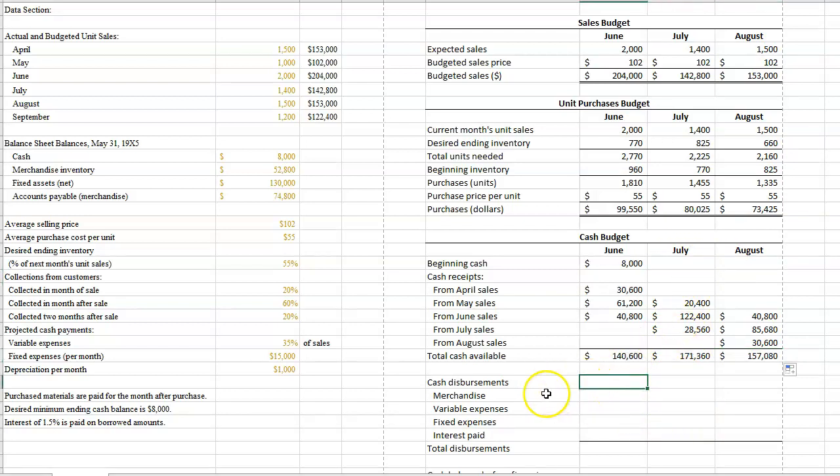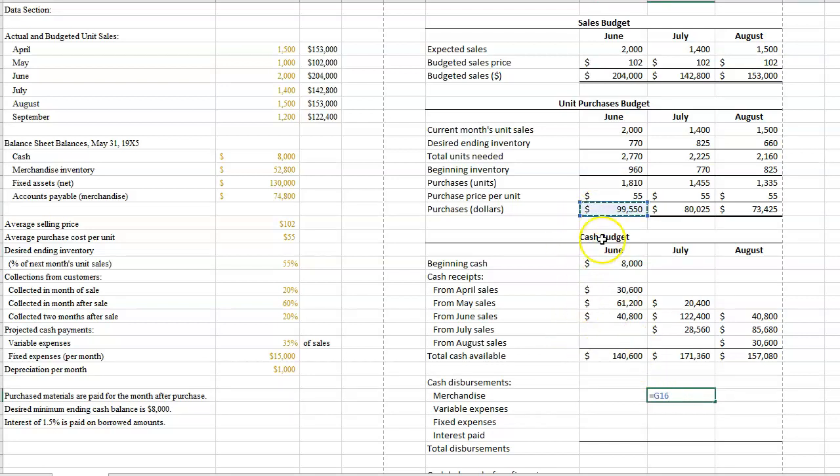Let's keep going. Now I need my cash disbursements. Purchased materials are paid for the month after purchase. So purchased materials are paid for the month after we purchase them, which means that when we purchase materials, we end up paying for them the month after, right?